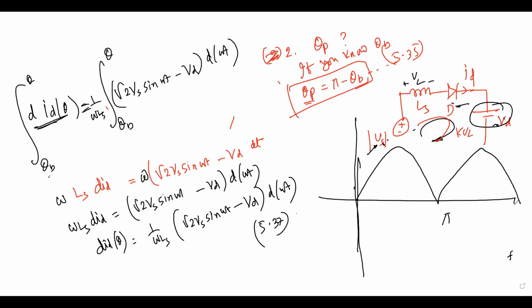This is pi, this is twice pi, and this is the Vd, and this is your theta b, and this is your theta p, and that will be your theta f.